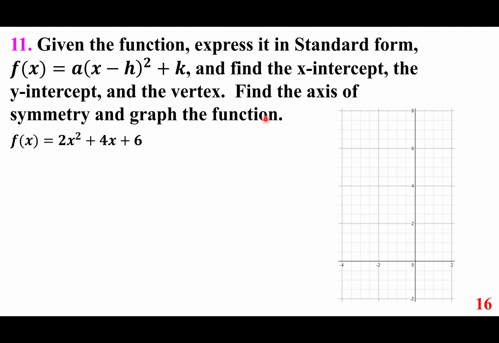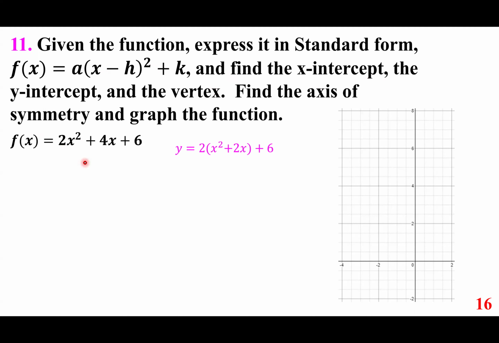Find the x-intercept, the y-intercept, the vertex, the axis of symmetry, and graph the function. Well, in order to find the vertex, you have two choices. You can do completing the square as follows.